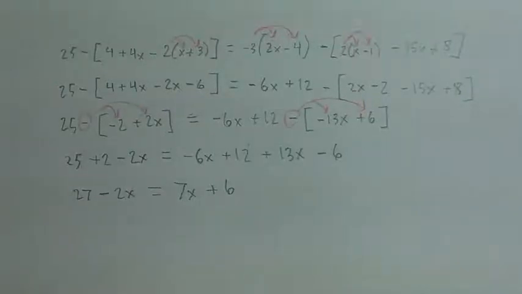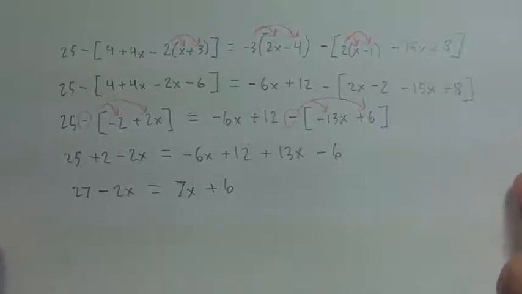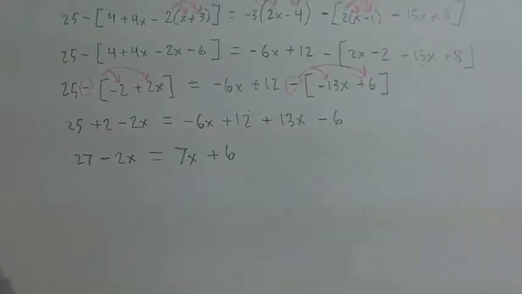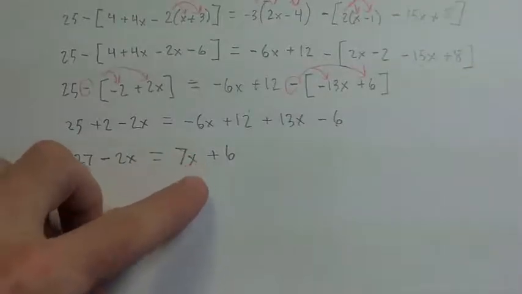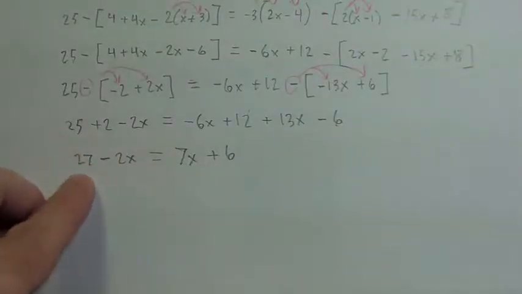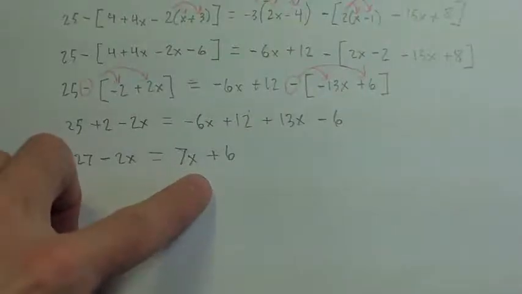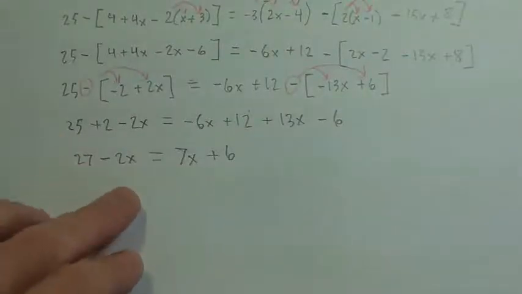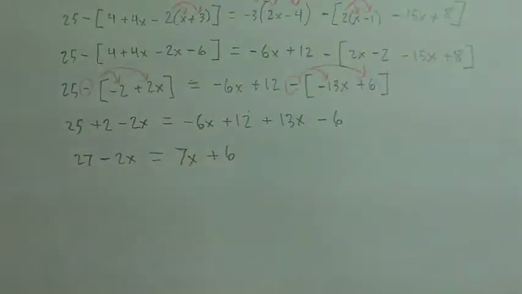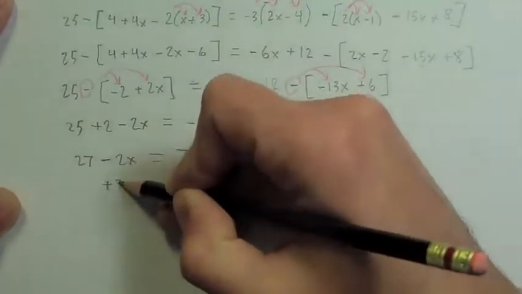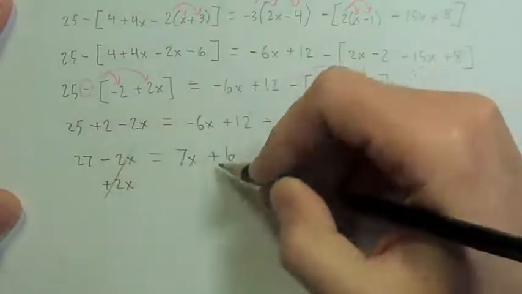A question I get asked often is, does it matter what side you move your x's to and what side you move your constants to? And in general, no, it doesn't. But how I usually do it, I usually move things so that I get rid of any negatives. So notice here, if I move the 7x to this side, I would be subtracting 7x on both sides, and I would be ending up with a negative here. What I'm going to do instead is move the 2x over, because I can add 2x to both sides.